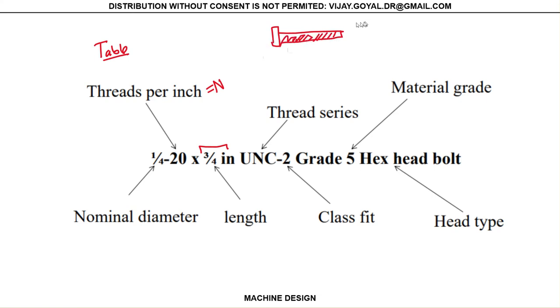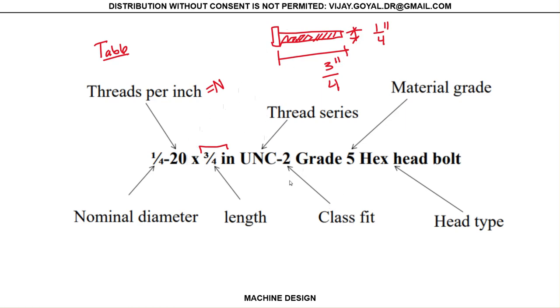In this example, this will be 1/4 inches, this will be 3 1/4 inches long, and 20 will be the number of threads that you have per inch. So threads per inch in this case is 20.